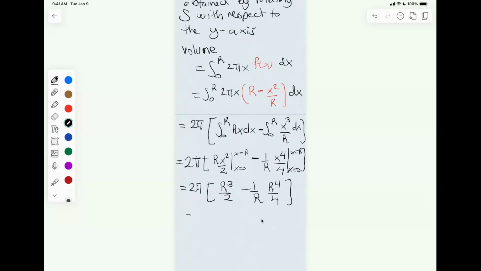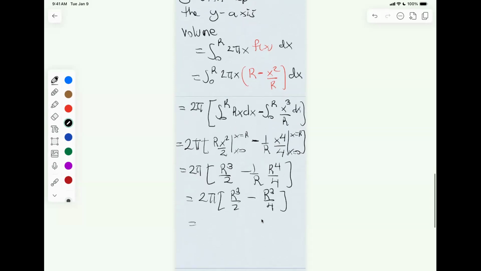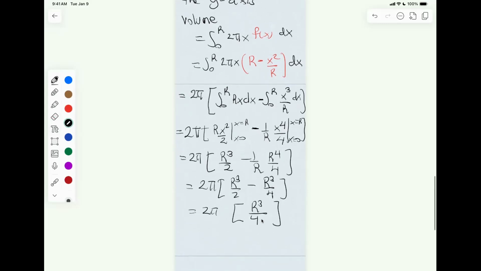So this will give you 2 pi times r cubed over 2 minus r cubed over 4. Then you do a common denominator, and after you combine the two fractions, you get what you see there, pi r cubed over 2.